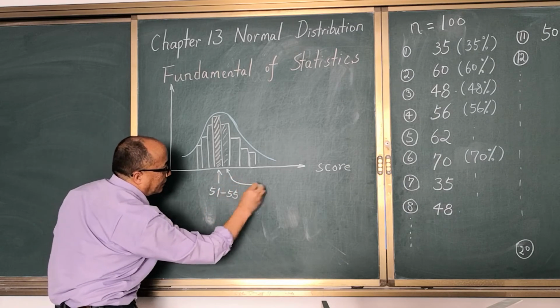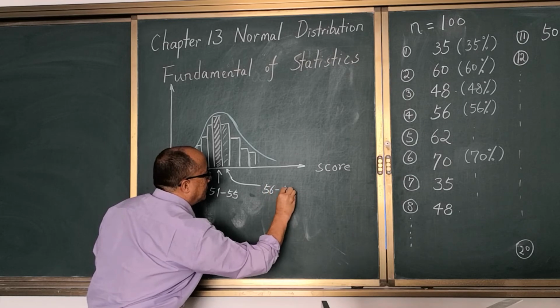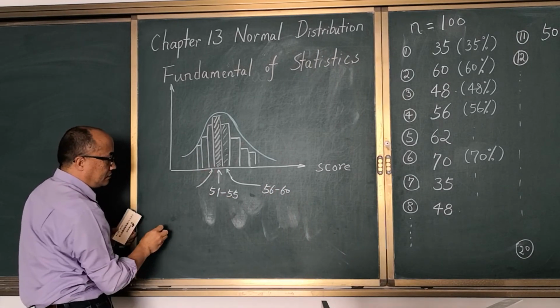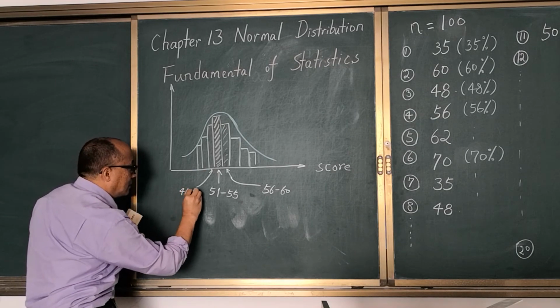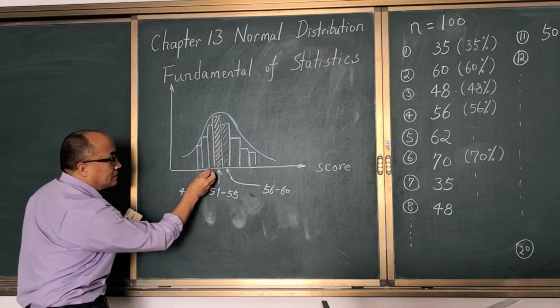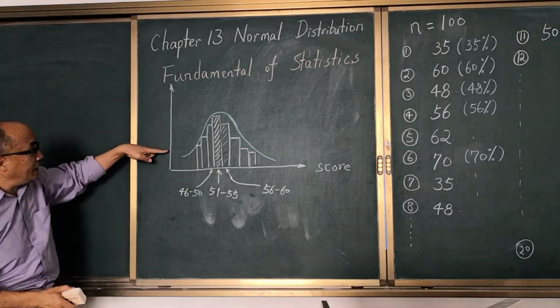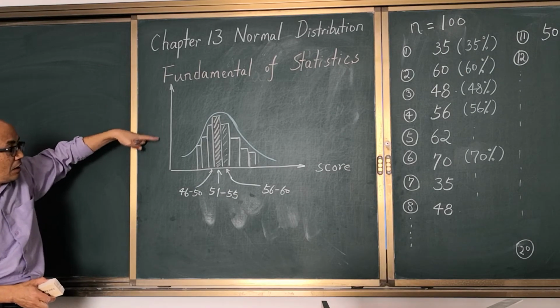Here is 56 to 60. Here is 46 to 50. The score, okay, and here is how many students.